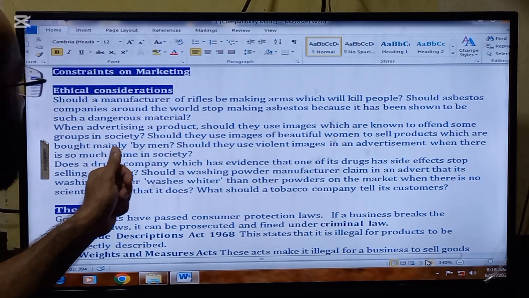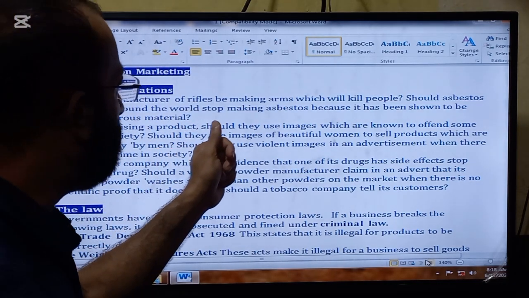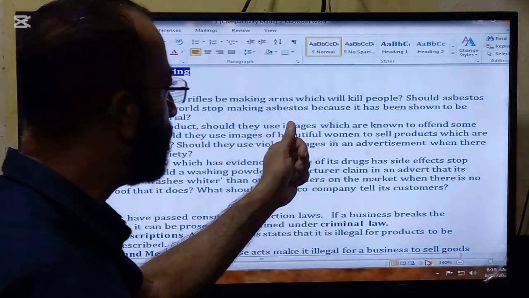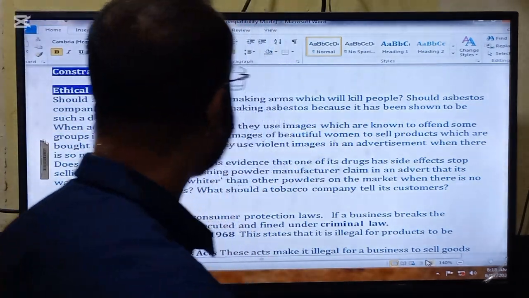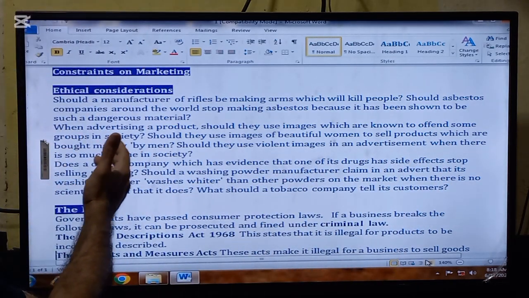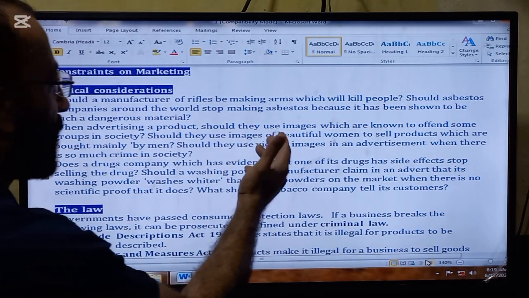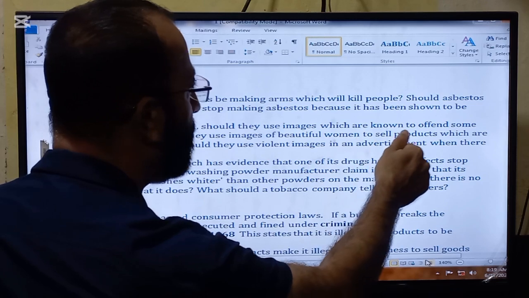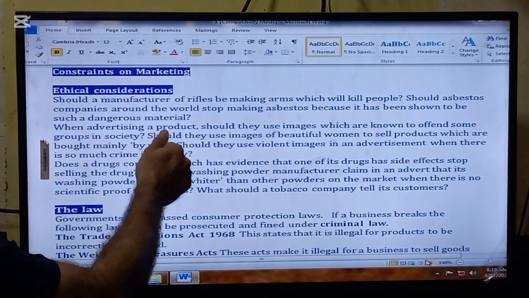Should a manufacturer of rifles be making arms which will kill people? Should asbestos companies around the world stop making asbestos because it has been shown to be such a dangerous material?